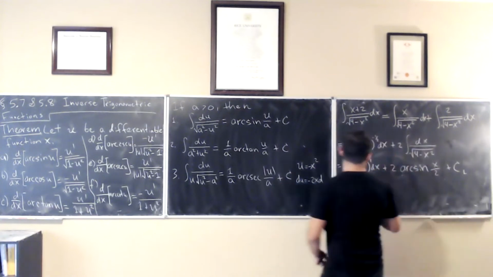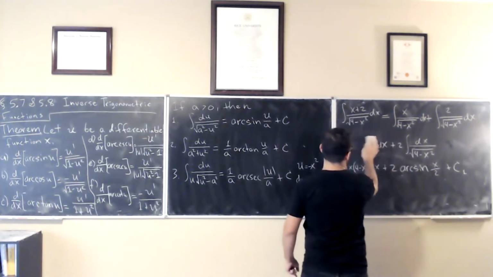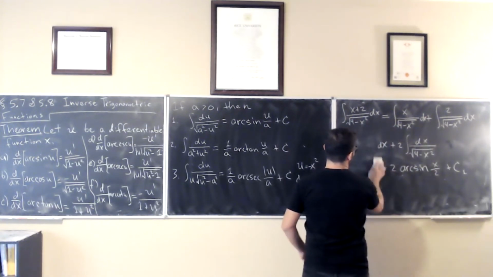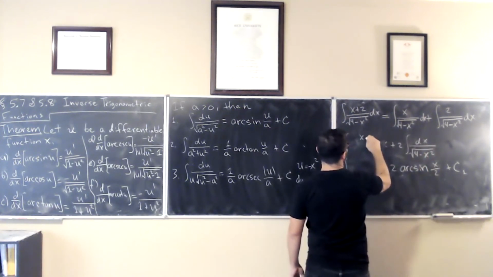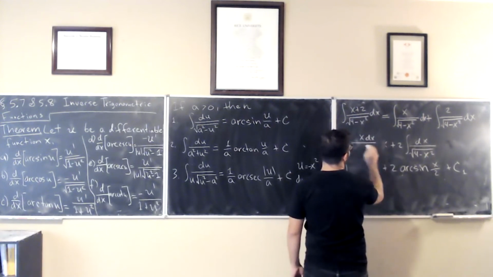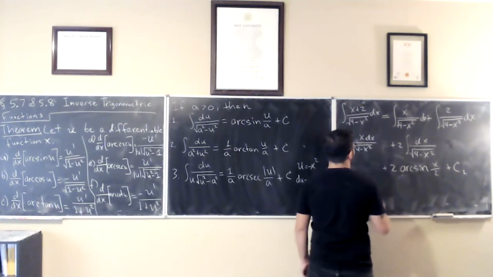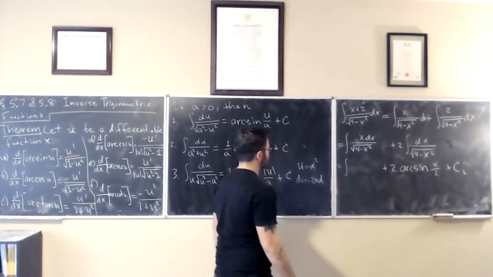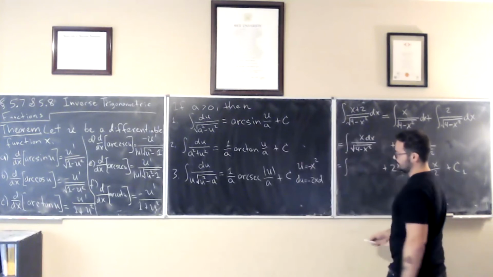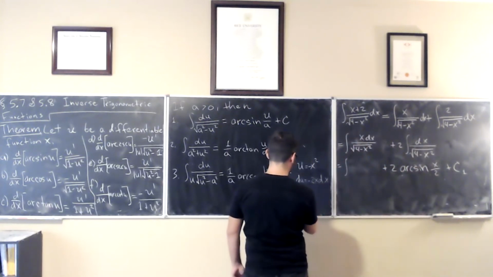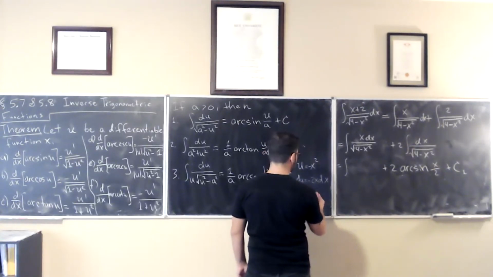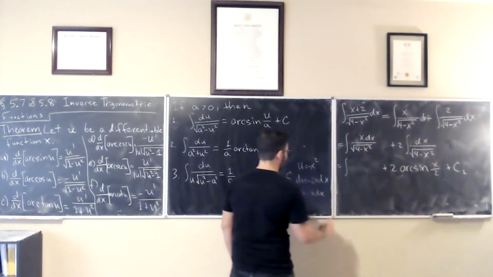Actually, let me rewrite it in ratio form. So x dx all over root of 4 minus x squared. Now I see that negative 1/2 du is equal to x dx.